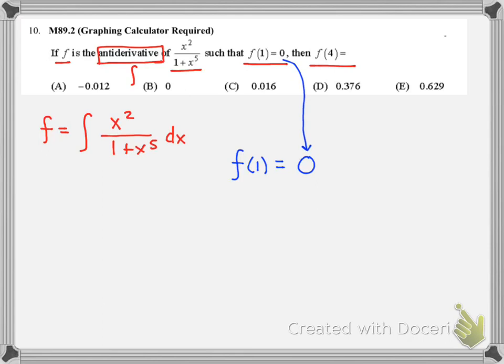Sorry, not f of 1 here, but f of 4. If we wanted to find f of 4, we would start at 0 and we would add the integral from a lower limit of 1 to an upper limit of 4, x squared over 1 plus x to the fifth dx.